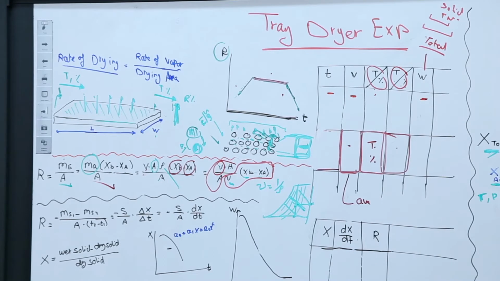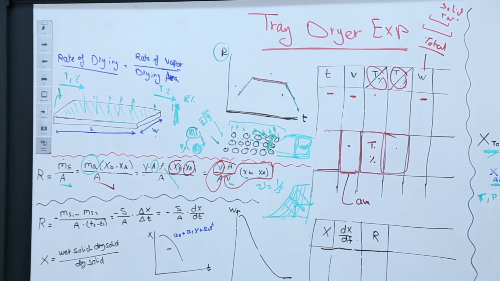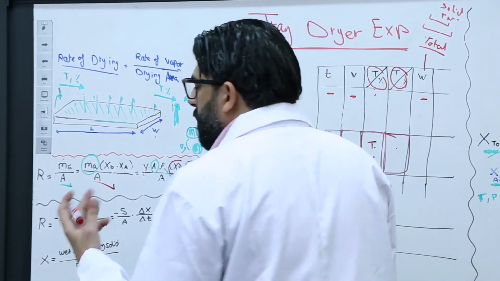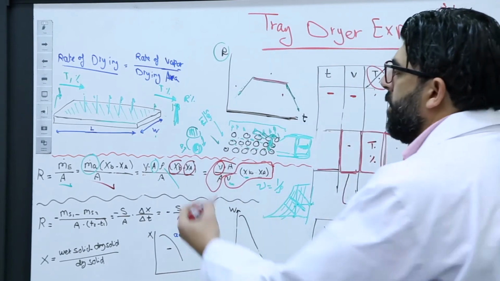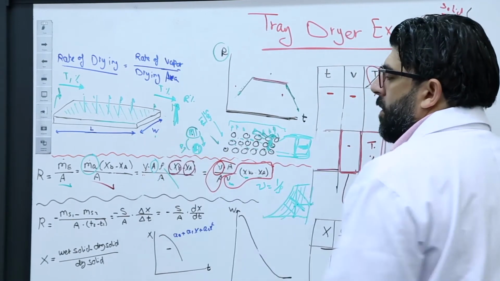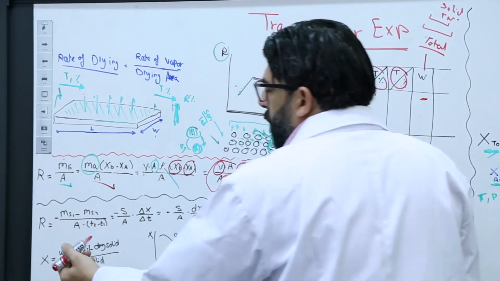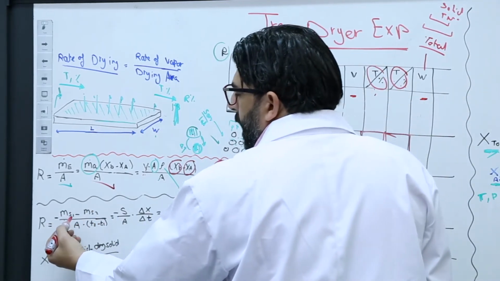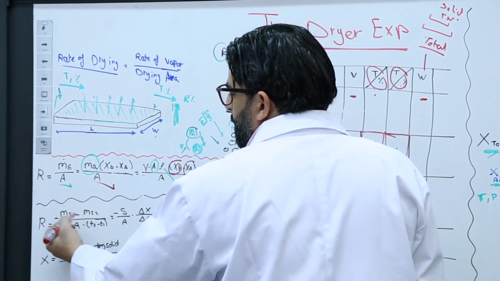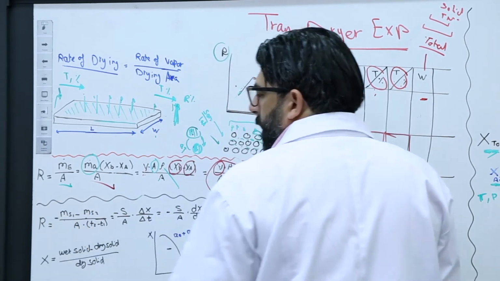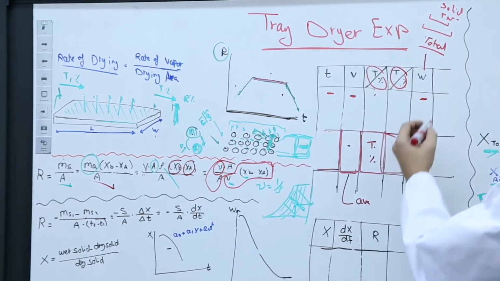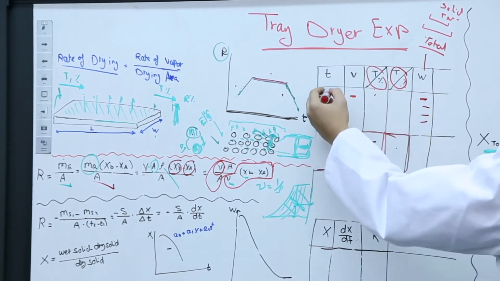Now, we can also determine the rate of evaporation from the solid itself, as we said, through the water lost from the solid. If I have an initial solid, and then the weight of another solid, here we have weight, and this weight per time.